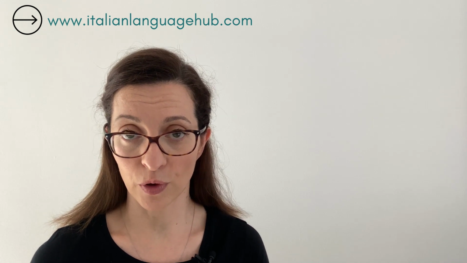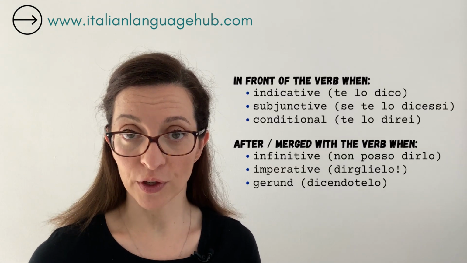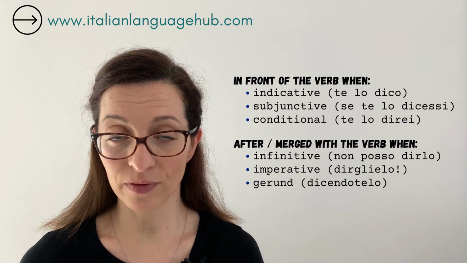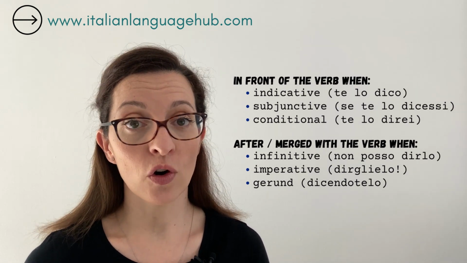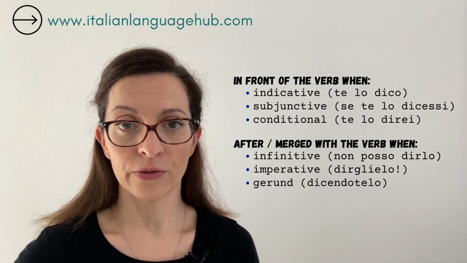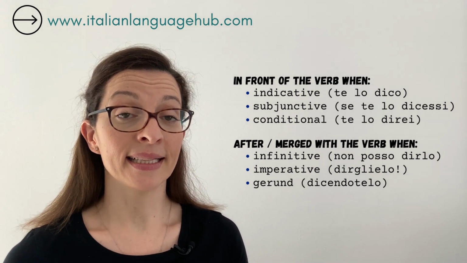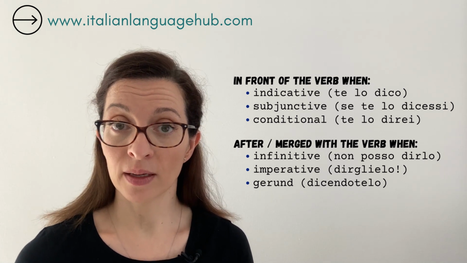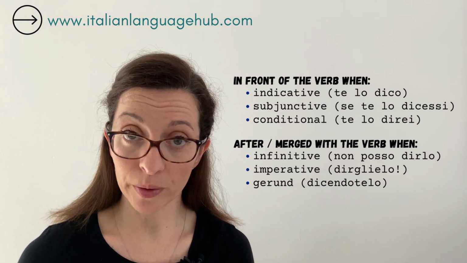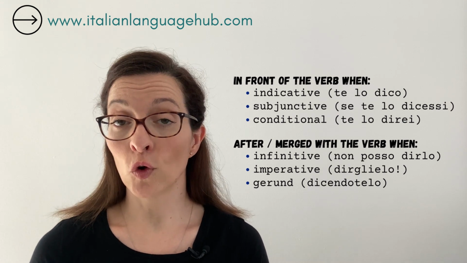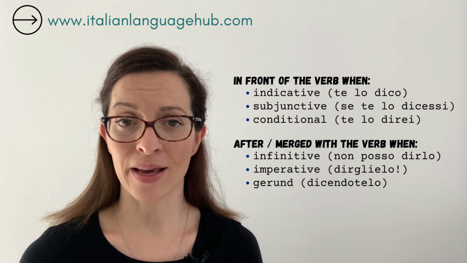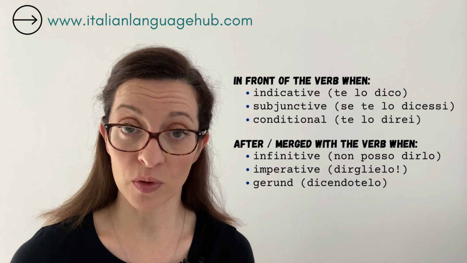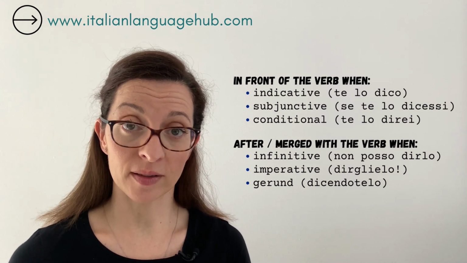Be careful with the position of these pronouns. These pronouns will be in front of the verb when we have an indicative form, a subjunctive form, or a conditional form. For example, I can say te lo dico, indicative form, te lo before the verb. Se te lo dicessi, in this case I'm showing you the same positioning but with a subjunctive.